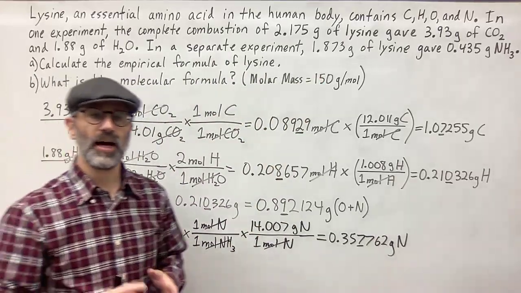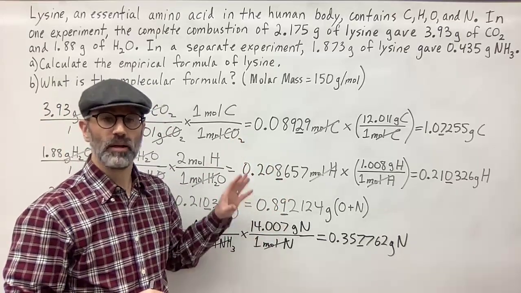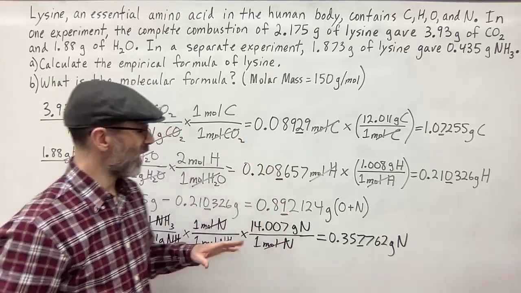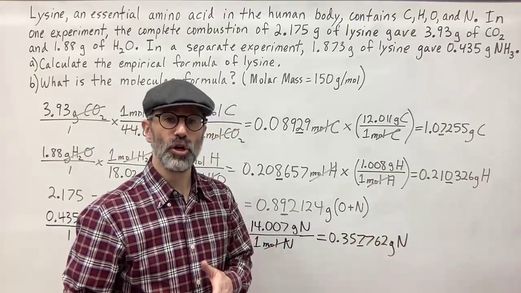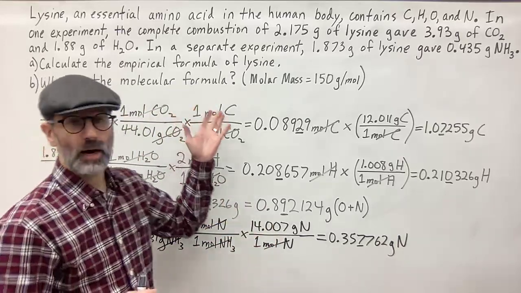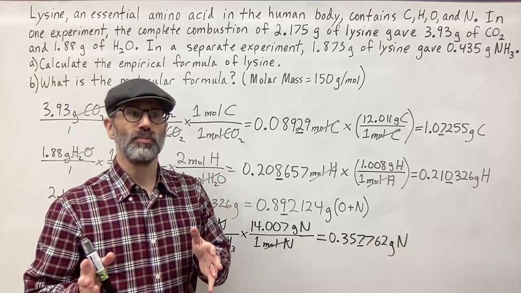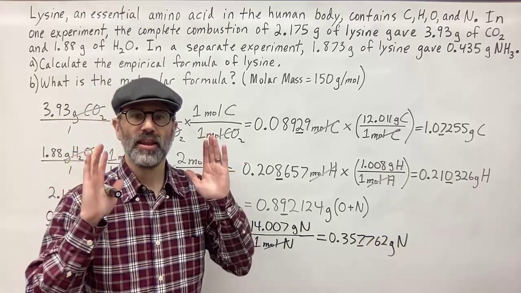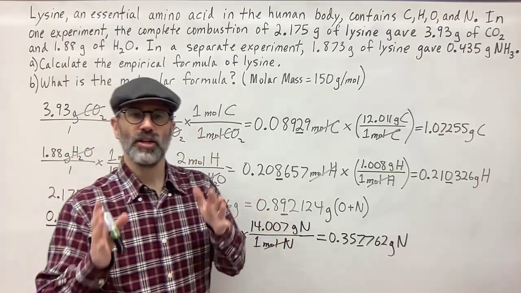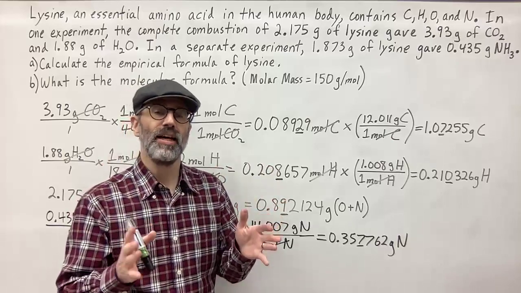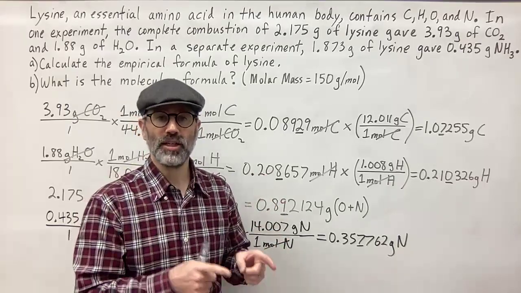Now, the thing to keep in mind that's really important to solving this, and this is what makes this problem a little bit difficult, is you have to remember that this amount of nitrogen is proportional to a given amount of your lysine. There is a percent composition for your compound. A certain percentage of the mass of lysine is due to the nitrogen in the lysine.